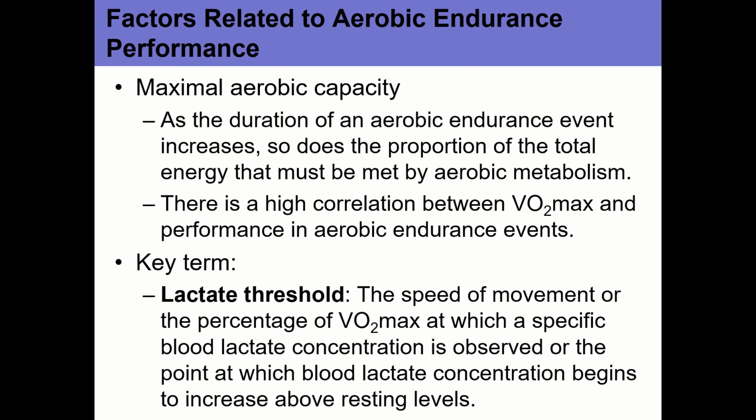So if we have two elite marathoners who have a VO2 max of 80, and one of them hits their lactate threshold at, let's say, 80% of that VO2 max versus the other person hits it at 85% of the VO2 max, that means that the second person who hits it at 85% can be traveling at a faster speed. They can be running at a little bit higher intensity before they start to really accumulate lactic acid, and so they can run faster before that lactate accumulation becomes a limiter on their performance.